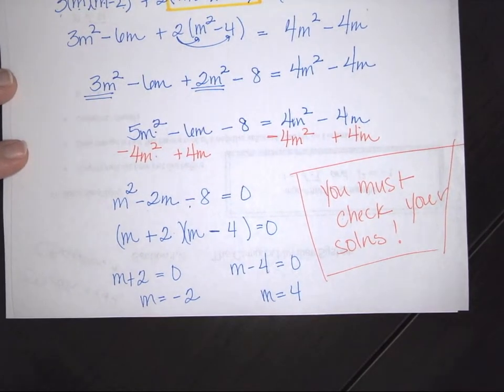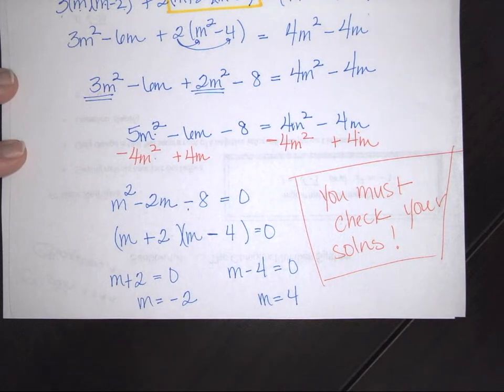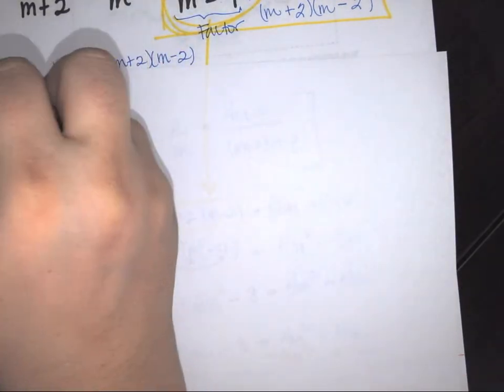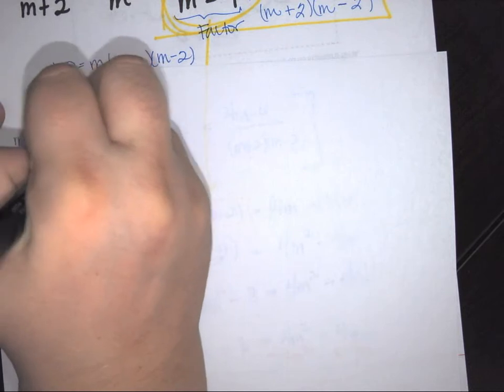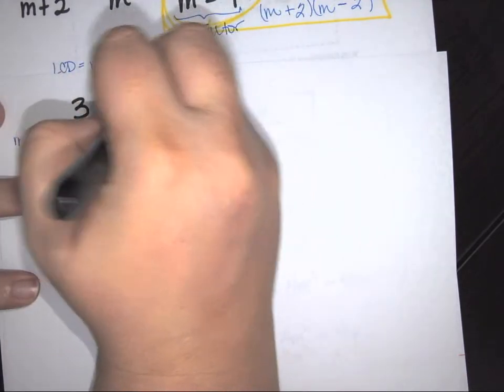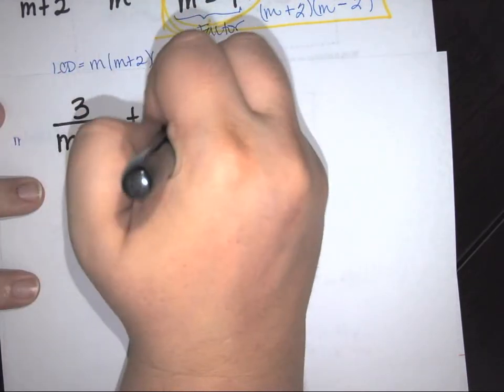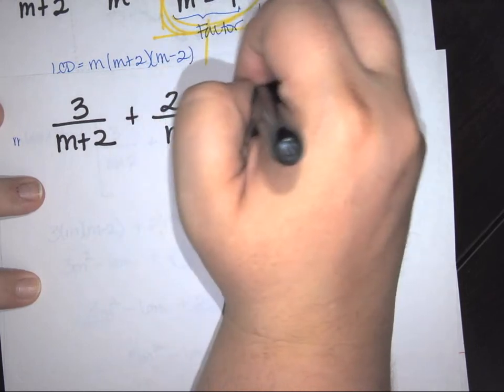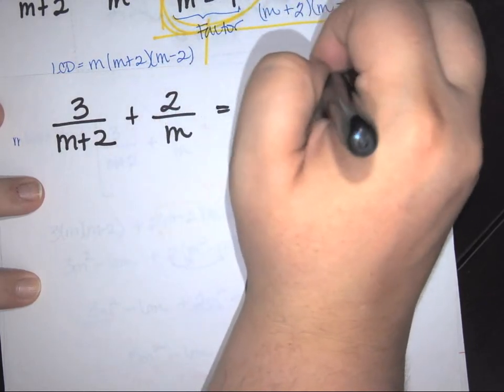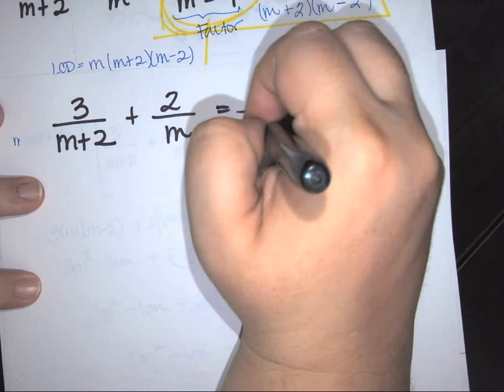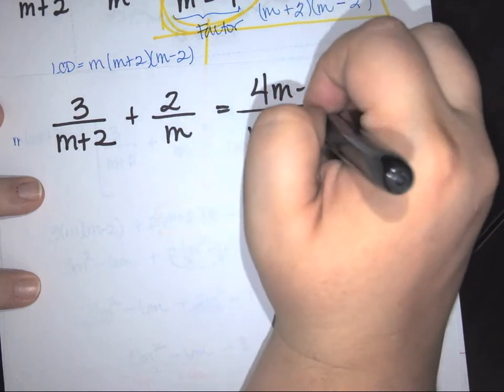So to check your solution, you have to go all the way back up to the beginning. So we are going to come back up to our original equation where we have 3 over m plus 2 plus 2 over m equals 4m minus 4 over m squared minus 4.